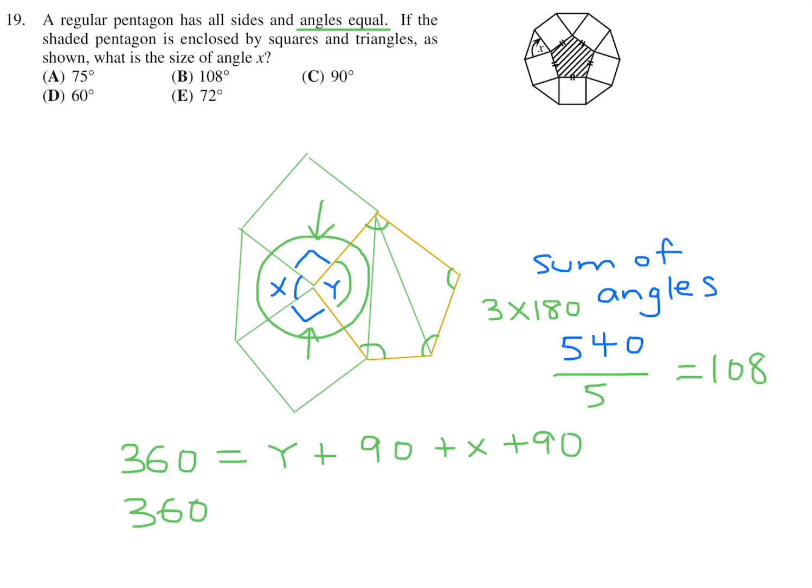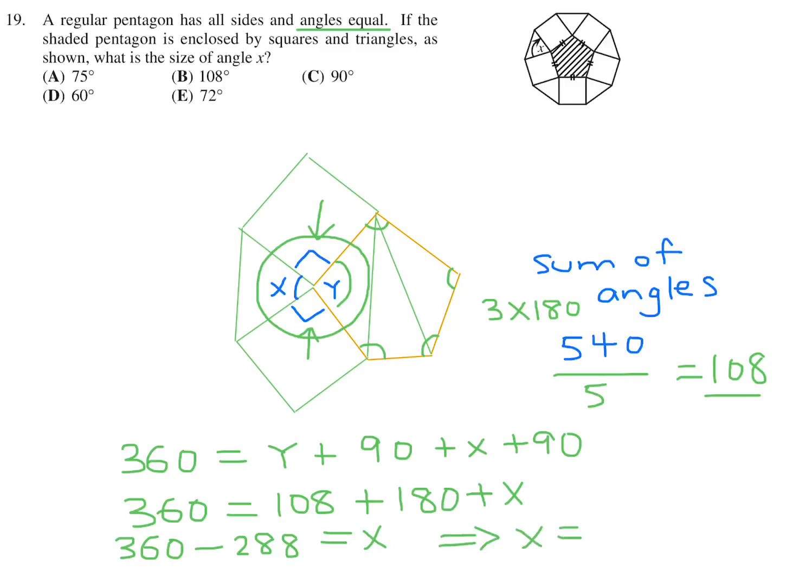And this will help us solve for X. Y we know is 108, and 90 plus 90 is 180, plus X. So if you solve this, you will get 360 minus 288 equals X, and therefore X is equal to 72. So the answer is E.